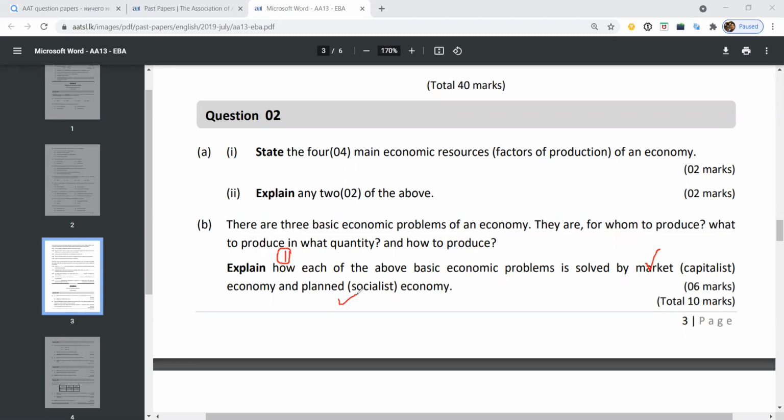Next one. Secondly, I take the how to produce question. In here, it is about production technology.